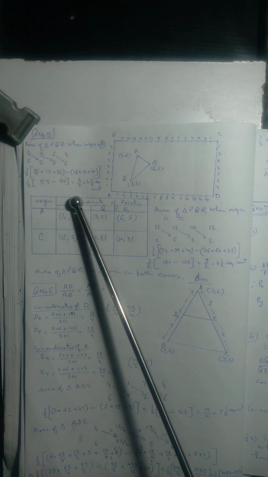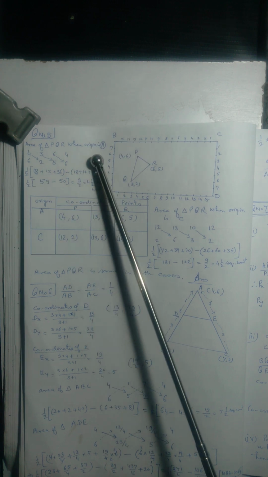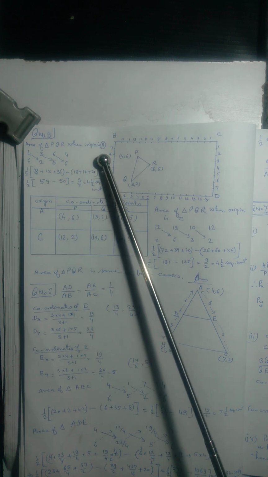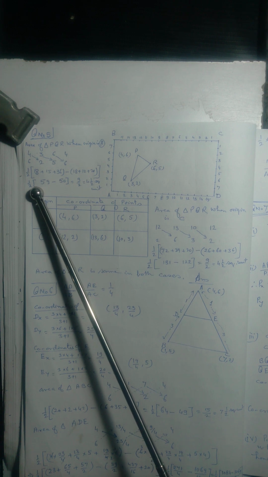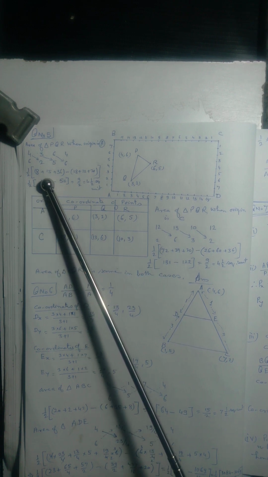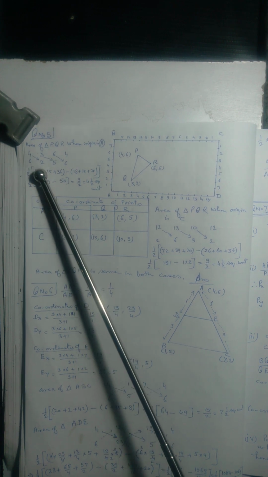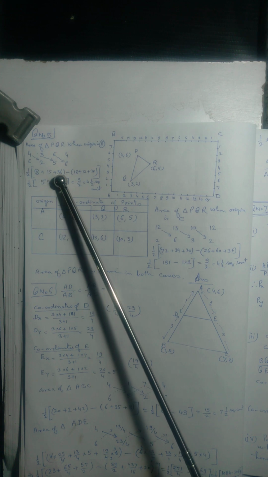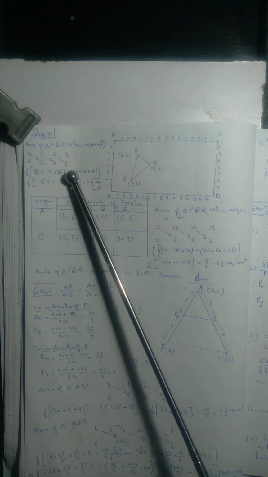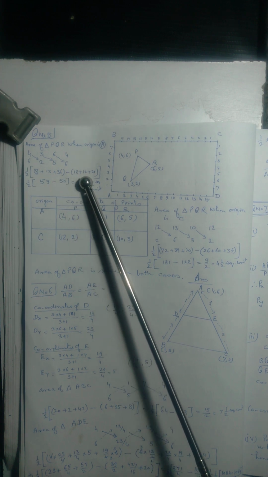So the area of the triangle PQR, when the origin is A, will be equal to 1 by 2 [8 plus 15 plus 36]. You see, 4 into 2 is 8, 3 into 5 is 15, 6 into 6 is 36. Here I have written in the first bracket, minus in the second bracket.